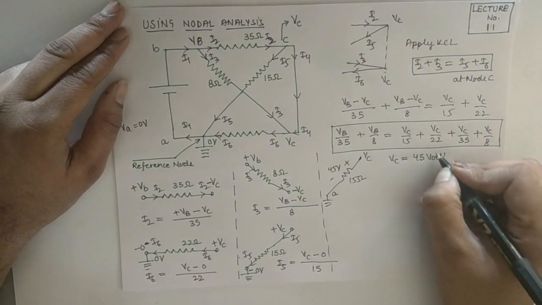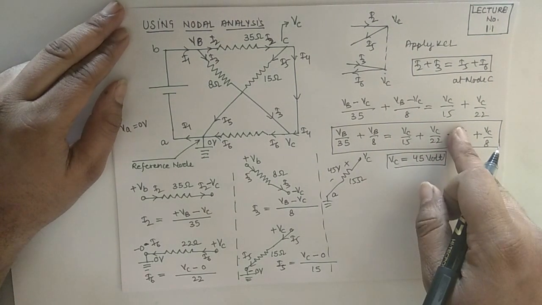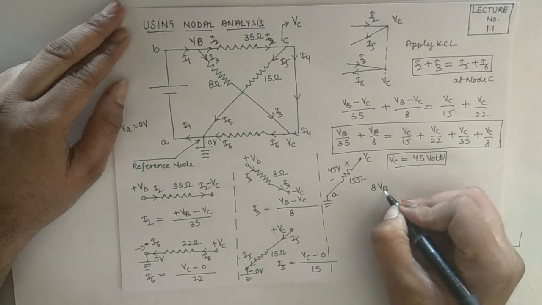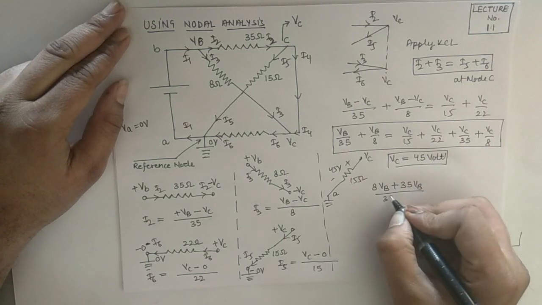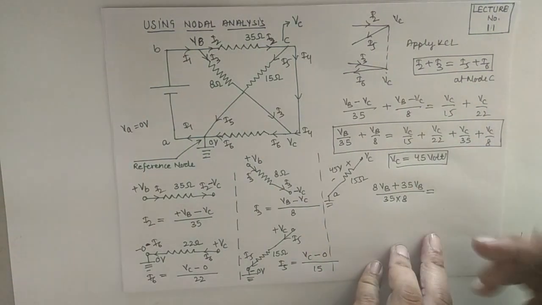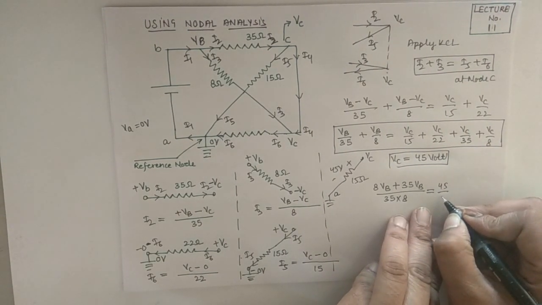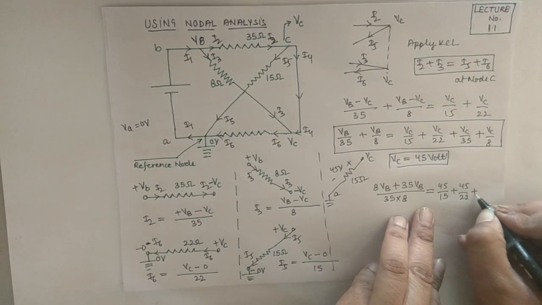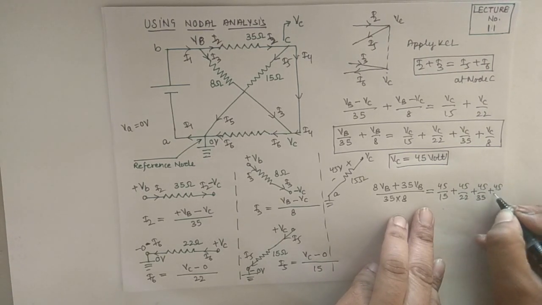We consider, so after putting VC here we find out VB. That would be 8 VB plus 35 VB upon 35 into 8 is equal to, put here VC and we solve this: 45 divided by 15 plus 45 divided by 22 plus 45 divided by 35 plus 45 divided by 8.